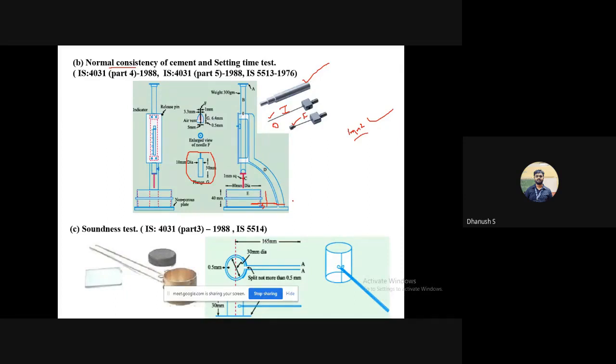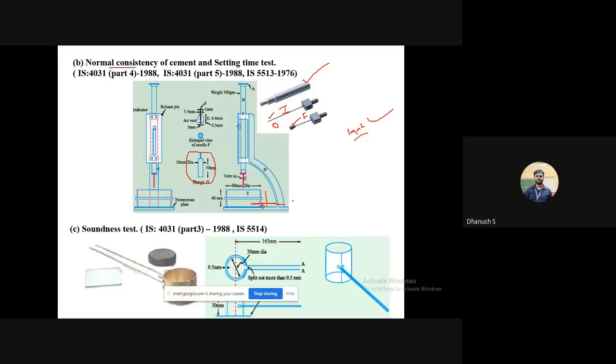I see a lot of people getting confused between normal consistency and initial setting time, because that number is the same. What is that? 5 to 7 mm penetration from the bottom is the same. But what we're trying to measure and the agenda of the experiment is completely different. In normal consistency, we're trying to measure the percentage of water at which we get 5 to 7 mm penetration from the bottom.